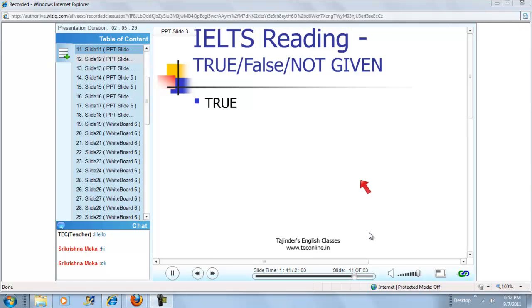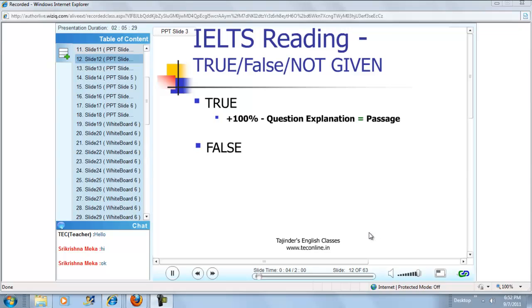Now, what are the true, false, not given questions? You write down the answer as true if the explanation of the question is there, which is written in the passage. So if the question explanation matches what is written inside the passage, the answer comes out to be true.